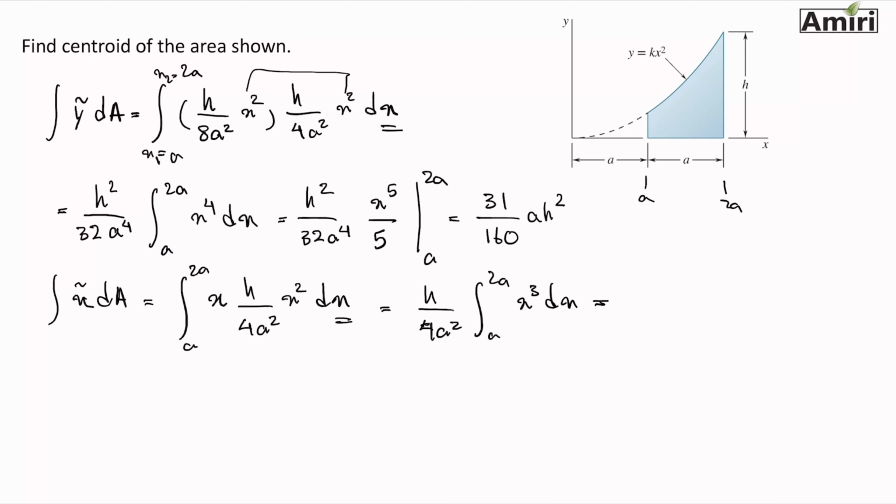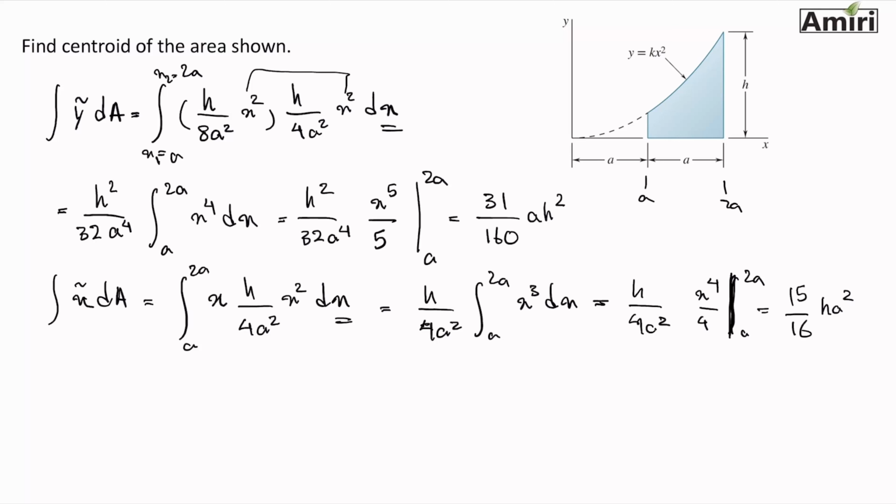Again, very manageable. So this will be h over 4a squared, x to the fourth over 4, from a to 2a. If you plug a in there, you get 15/16 h a squared.